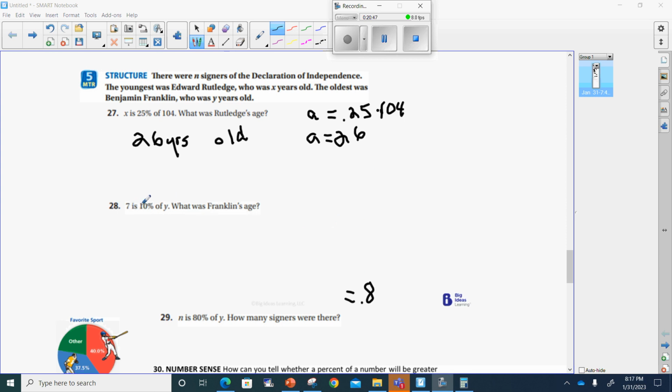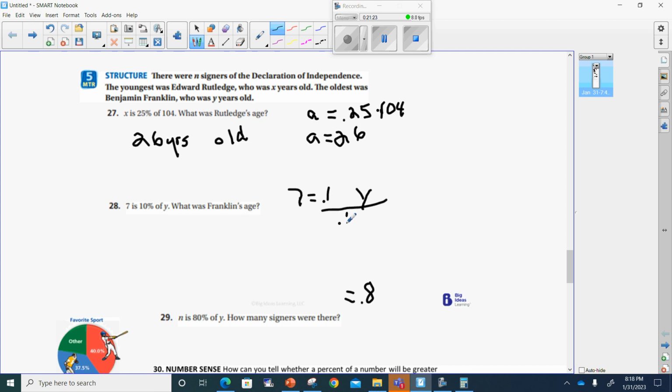Well, I guess I'm going to have to do this for you. 7 is 10% of Y. This is going to be, let's see, 7 is 10% of Y. What was Franklin's age? So 7 is, right, of Y. I guess that would be Y. And 10%, 7 will be over here, equal to 0.1, because when I move the decimal over, it's going to be 0.1.